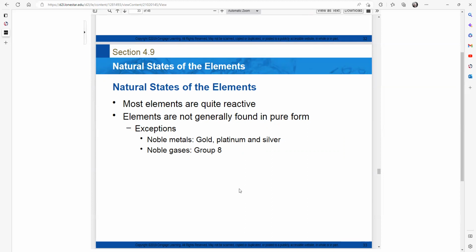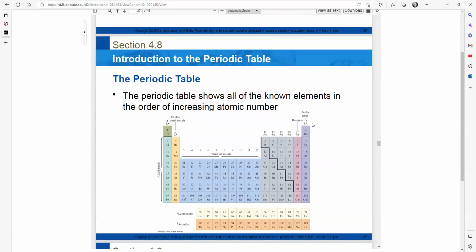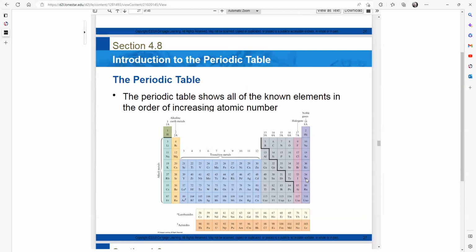And the noble gases are the ones in group 8. Look at here. This column represents group 8A. They are the noble gases.